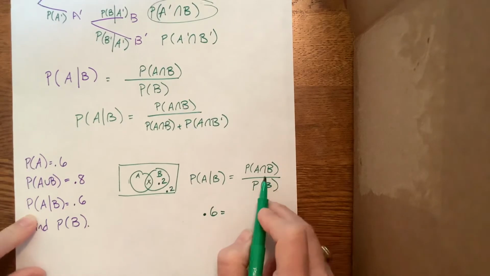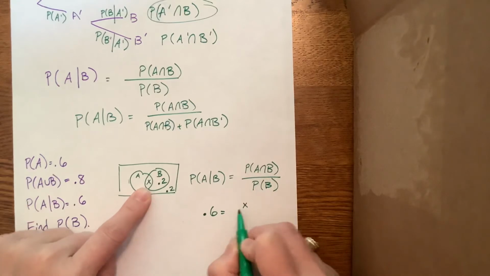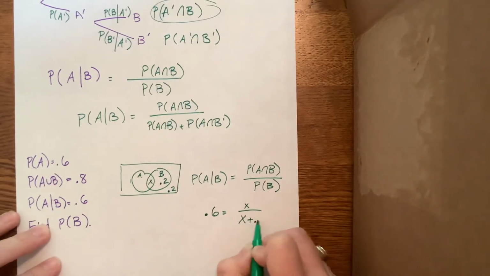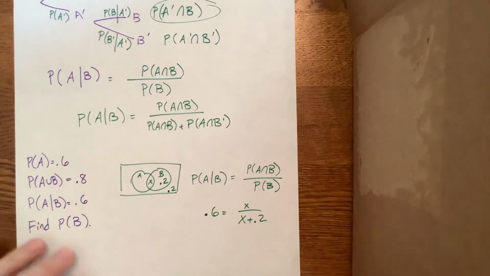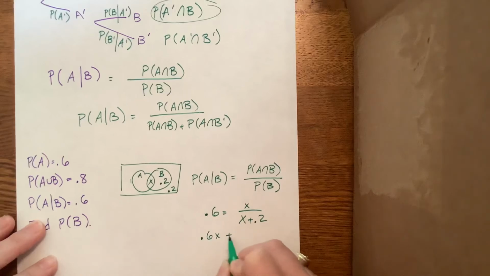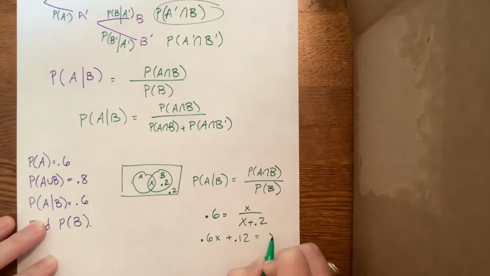The probability of A intersect B, we just put an x there. The probability of B is this entire circle, which would be x plus the 0.2.